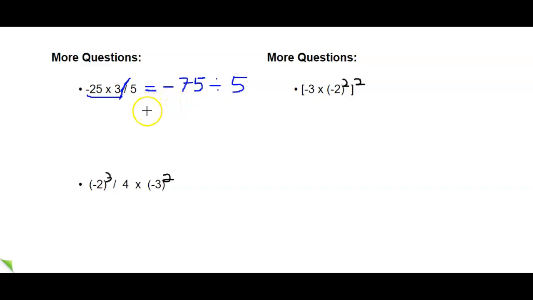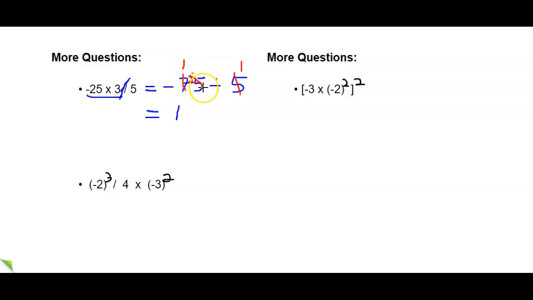Well, we have 75 divided by 5. 5 into 7 is 1, remainder 2, because 5 ones are 5, 7 take away 5 is 2.